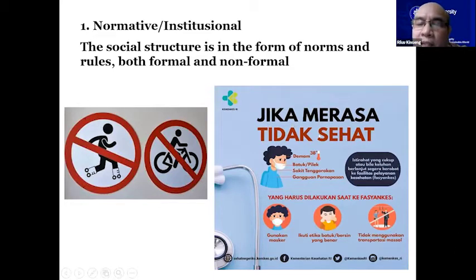And in this one, jika merasa tidak sehat, so this is about rules about our health, especially during the pandemic. So we are supposed to wear a mask, and we have to follow the rules when we sneeze, for example, and we are also supposed not to use mass transportation, but instead private.